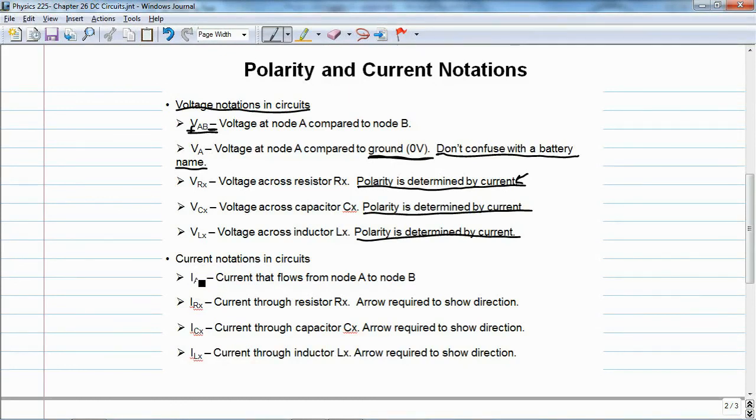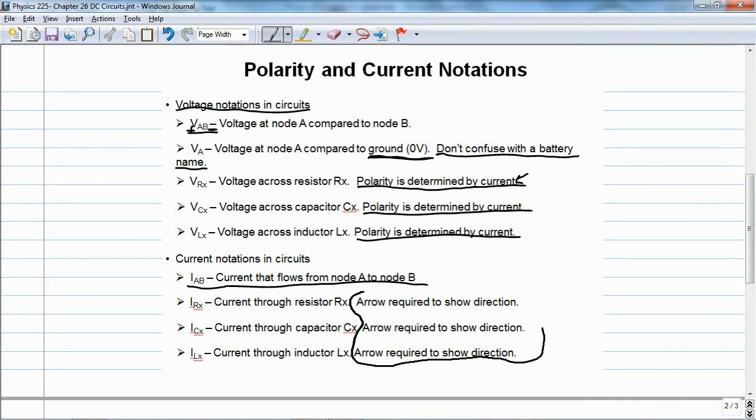Current notations are a little bit different too. This one is very rarely used. That's the current between two nodes. Typically, it's going to be across a component, so these aren't used very much. We will see where you have the current through a resistor or a capacitor or inductor, and this is majorly important.